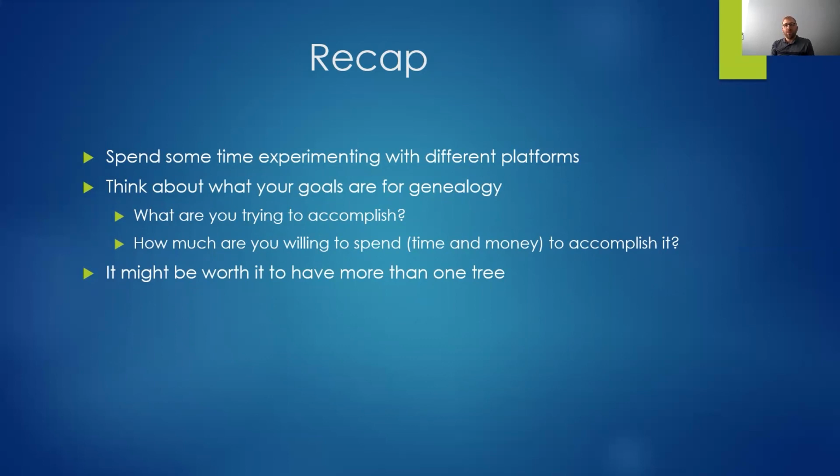It might just be that there's more than one tree out there, and there might be a tree service that works better for you in the future. I would really recommend taking some time to experiment with all these different features on all these different platforms and finding out what is right for you.